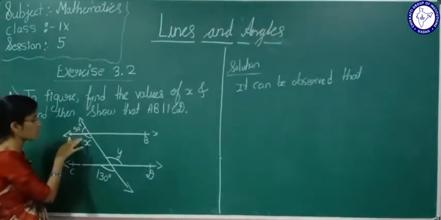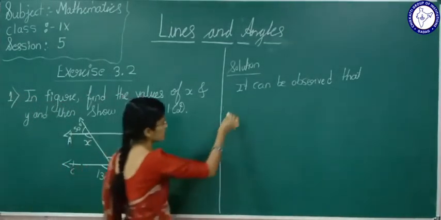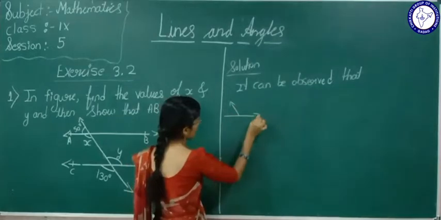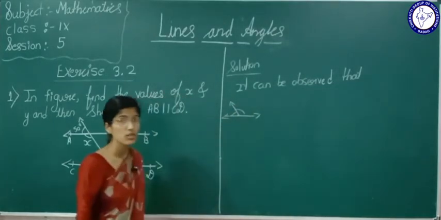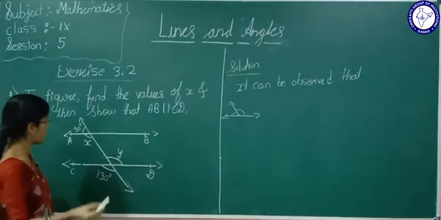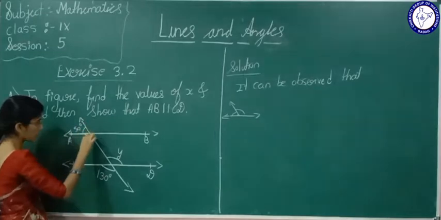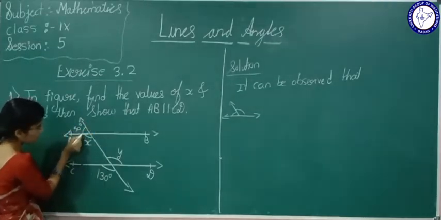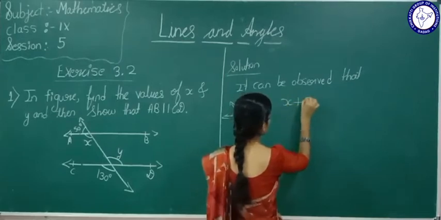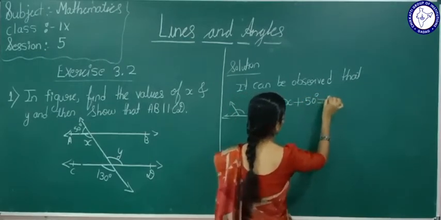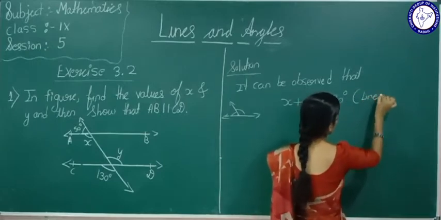If a ray stands on a line, then the sum of the two angles will be 180 degrees. So x plus 50 degrees is equal to 180 degrees. What is the reason? Linear pair.